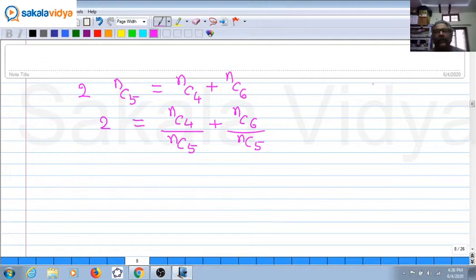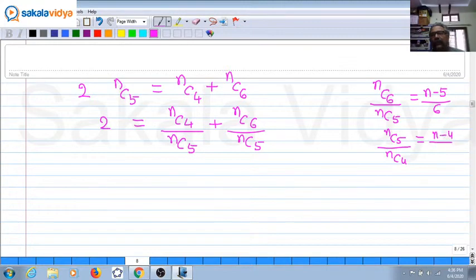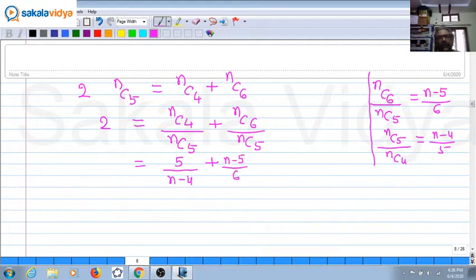Here we have one shortcut. nC6 upon nC5 equals (n minus 5) upon 6, nC5 upon nC4 equals (n minus 4) by 5. With the help of these basic facts, this can be written: nC4 by nC5 is 5 upon (n minus 4) plus nC6 by nC5 is (n minus 5) upon 6.